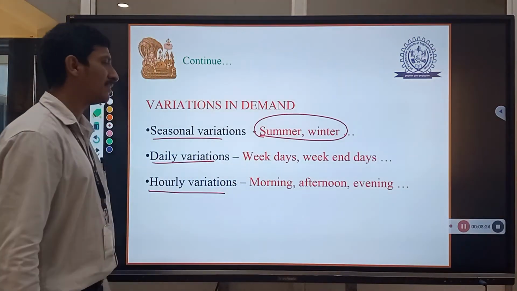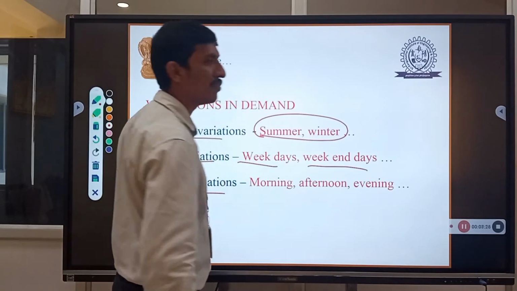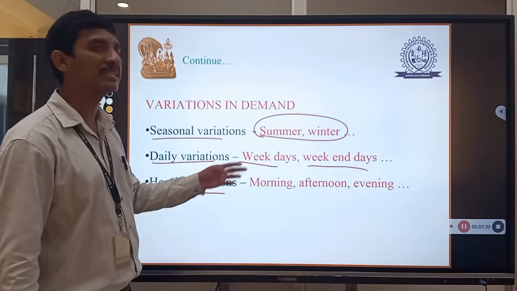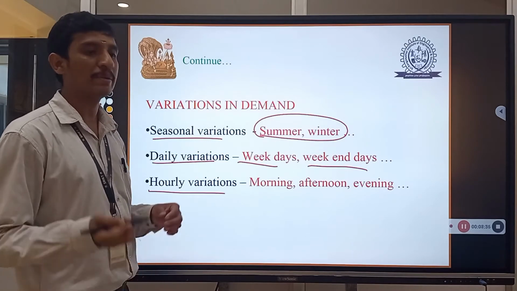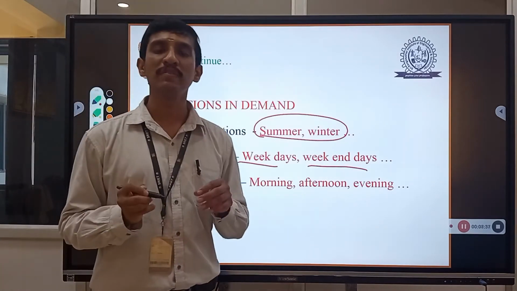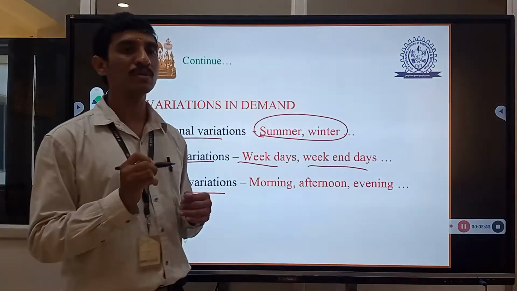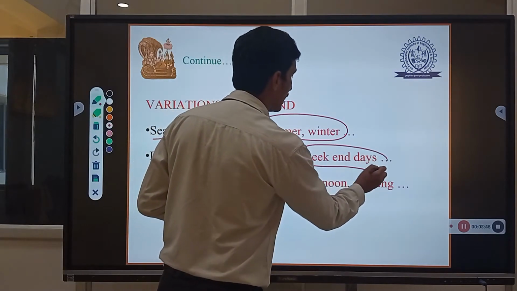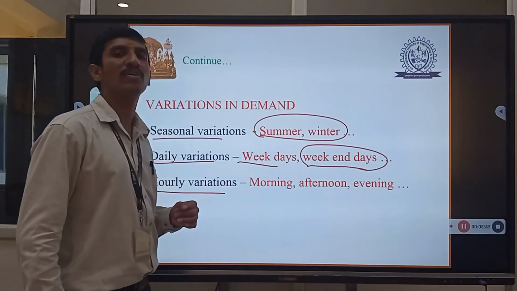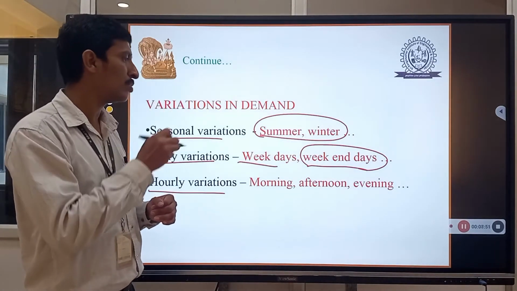Then daily variation. In weekdays and weekend days, the requirement of water will vary. In weekdays, generally Monday, Tuesday, Wednesday, up to Friday, the number of people at home is very low, so the requirement of water in that house is low. But in the case of weekend, Saturday and Sunday, the people stay at home, so the requirement of water is high. So we supply that water also high.